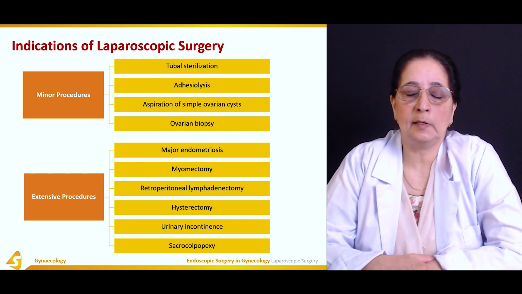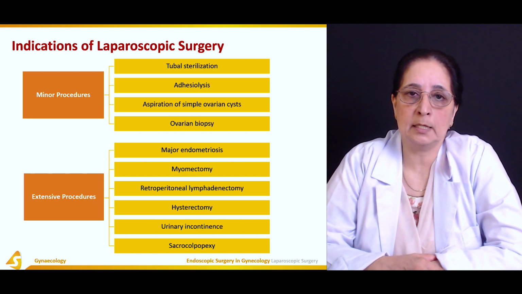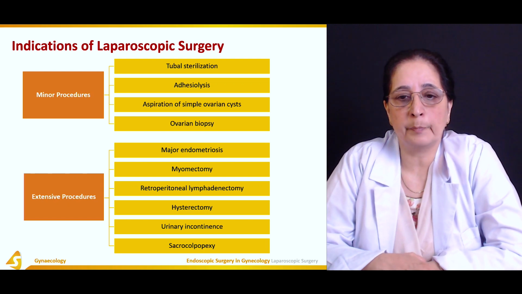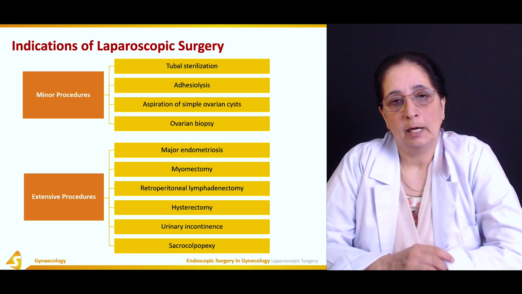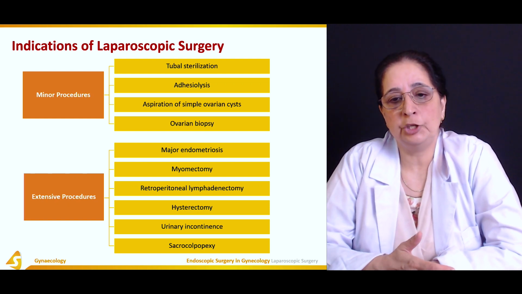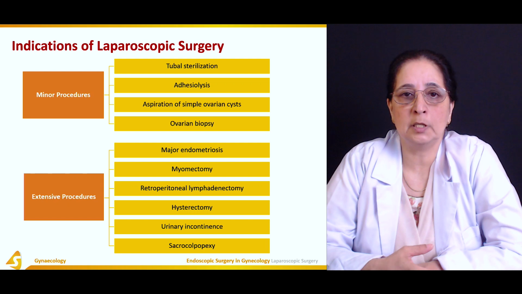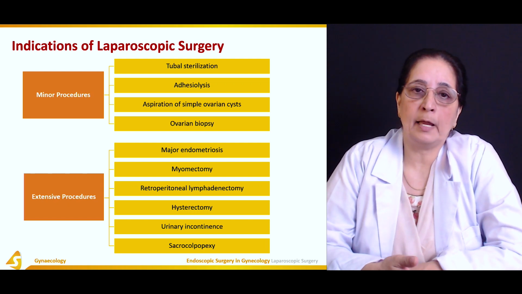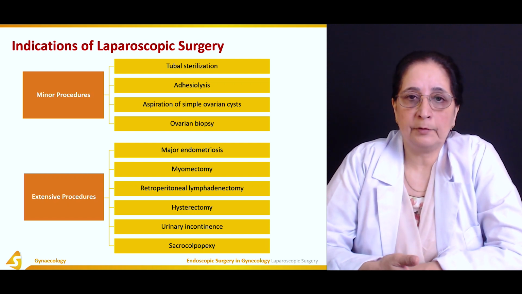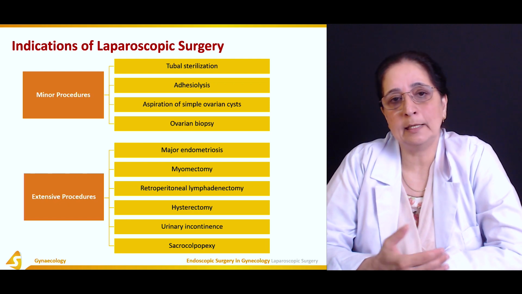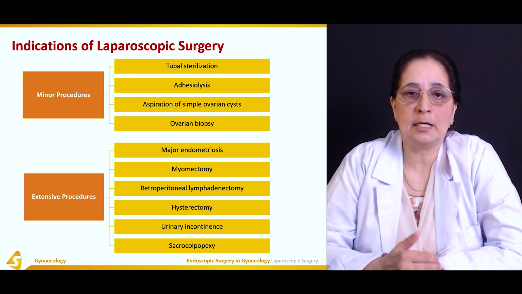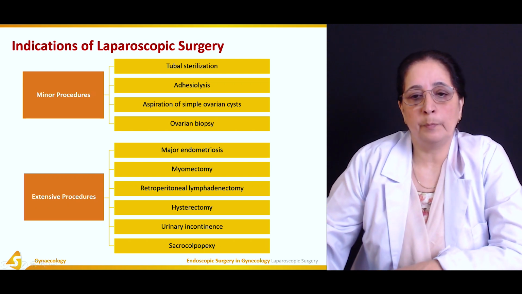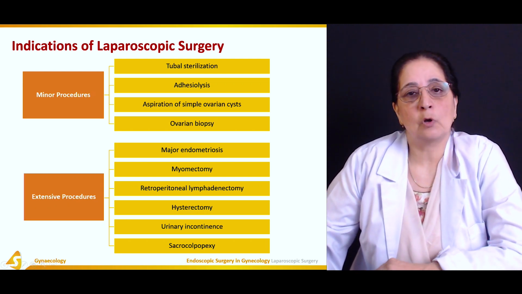Tubal sterilization is nowadays done by laparoscopic surgery. If there is formation of adhesions or scar formations after pelvic inflammatory disease or any previous surgeries, that can lead to complications, and those adhesions can also be removed by laparoscopic surgery.